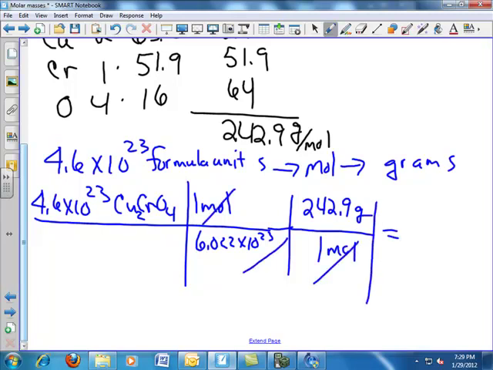And you really should be putting your units in here. Now do the math. And you would get 185.5 grams of copper 1 chromate.